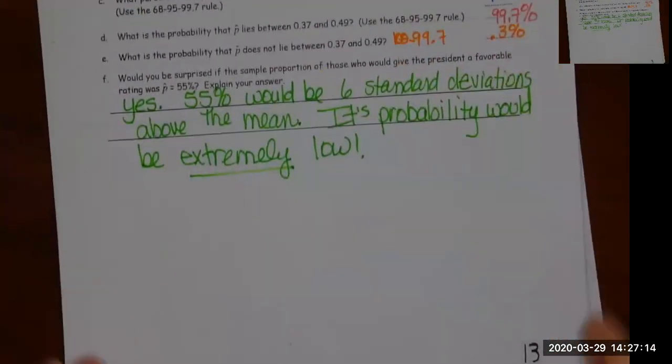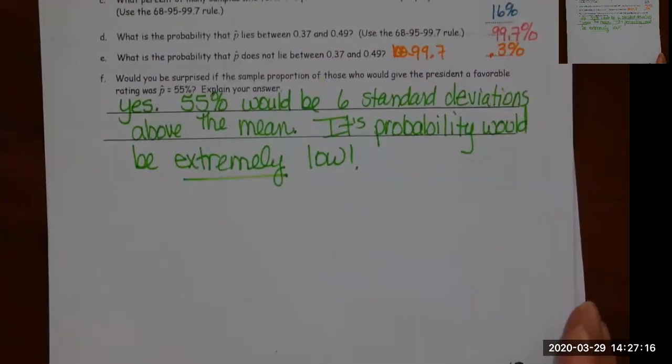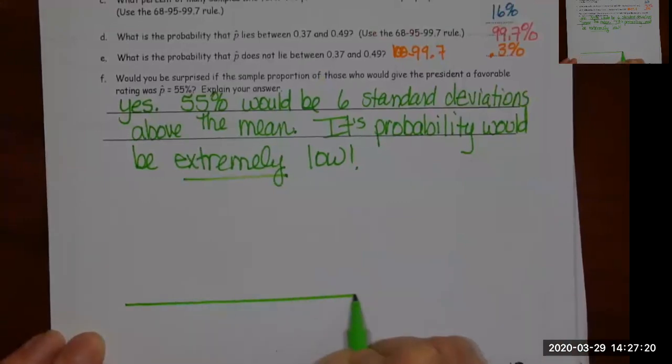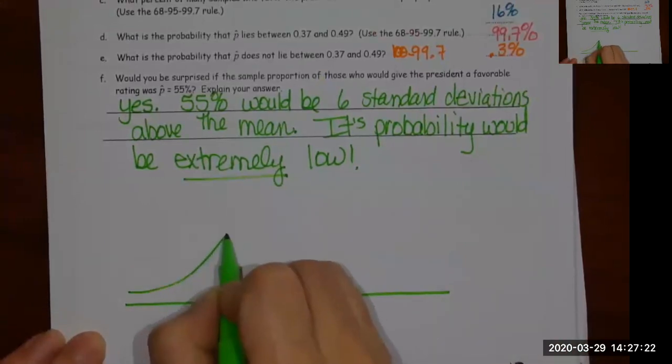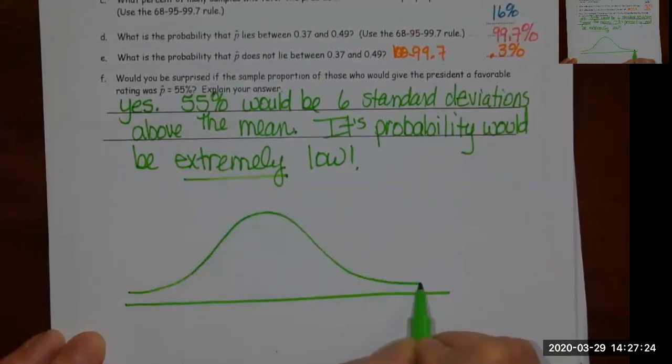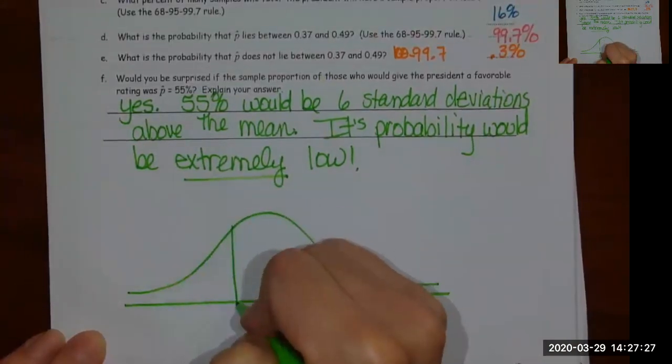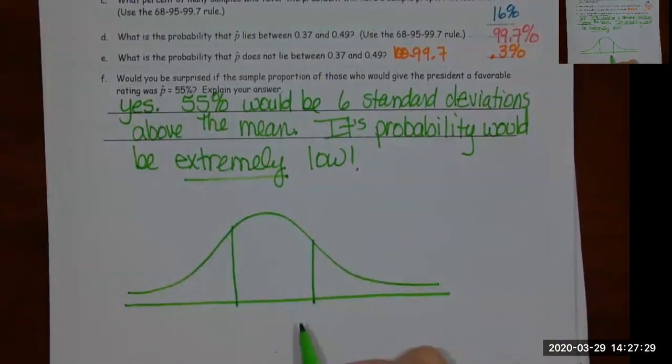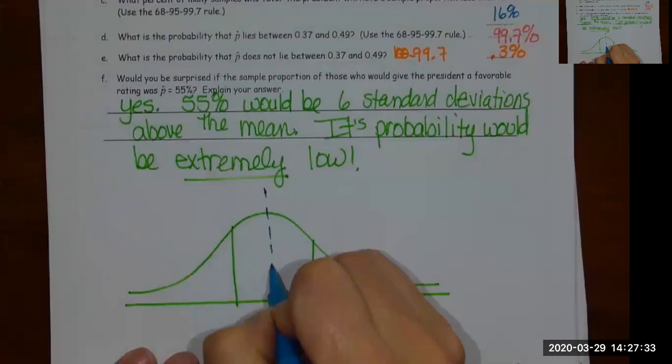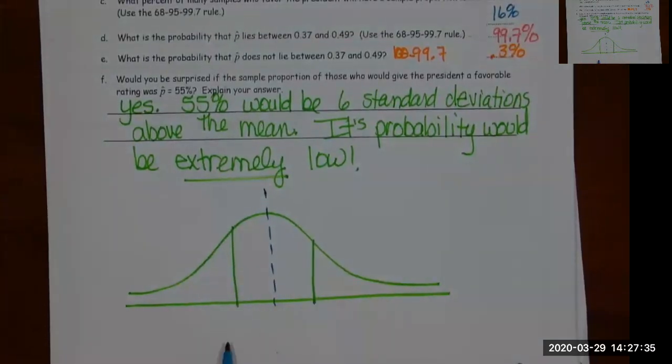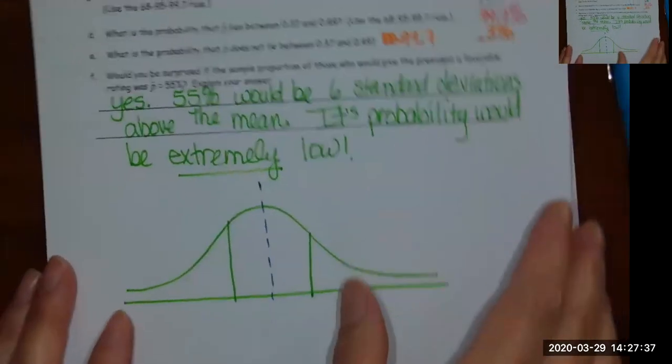And I just want to go through real quick. That's it. All of our notes. We're starting something brand new next time. So I just want to go through here with you and remember that 68%, let me draw my little, 68% fall within one standard deviation.